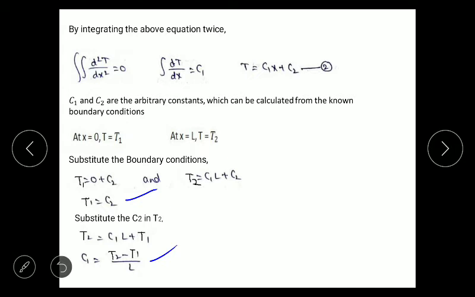Substitute the values of this C1 and C2 into equation 2, so that we obtain temperature T. T now will become C1 into x. C1 is T2 minus T1 divided by L into x plus C2. C2 is T1. So T is equal to T2 minus T1 divided by L into x plus T1. Let us say this is equation 3.